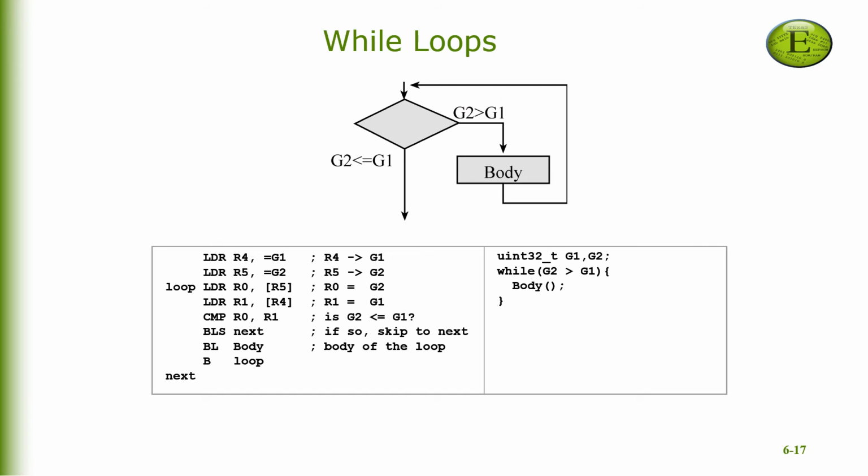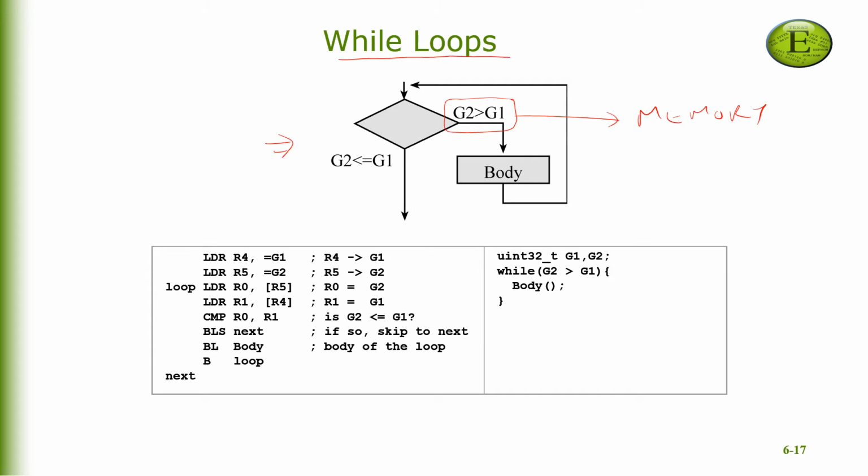Among the best uses of the conditional branch instruction lies the implementation of the while loops and the for loops. We're going to first look at the while loop implementation, whose pseudocode is shown here. Essentially, we are going to condition the execution of the while loop based upon the comparison of the two numbers, G2 and G1. They are stored in the memory. We can only compare the two numbers when they are brought into the registers of the microprocessor.